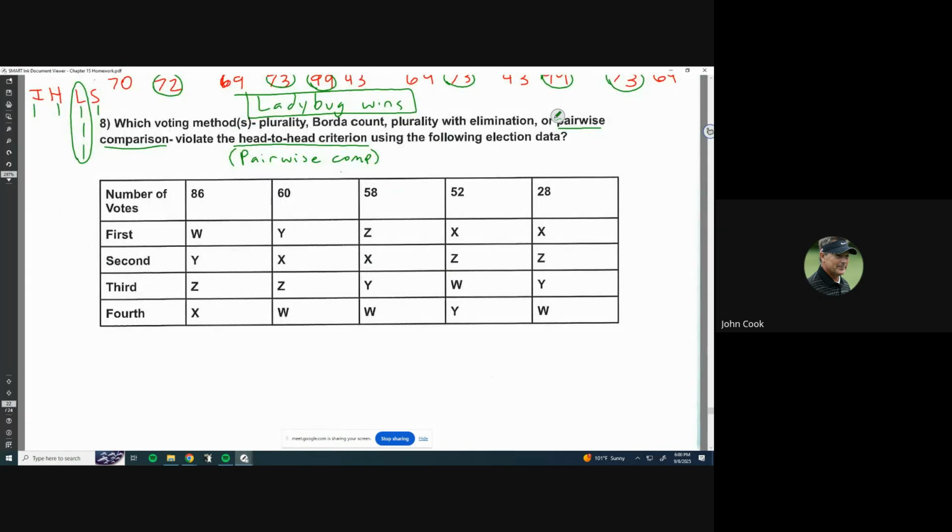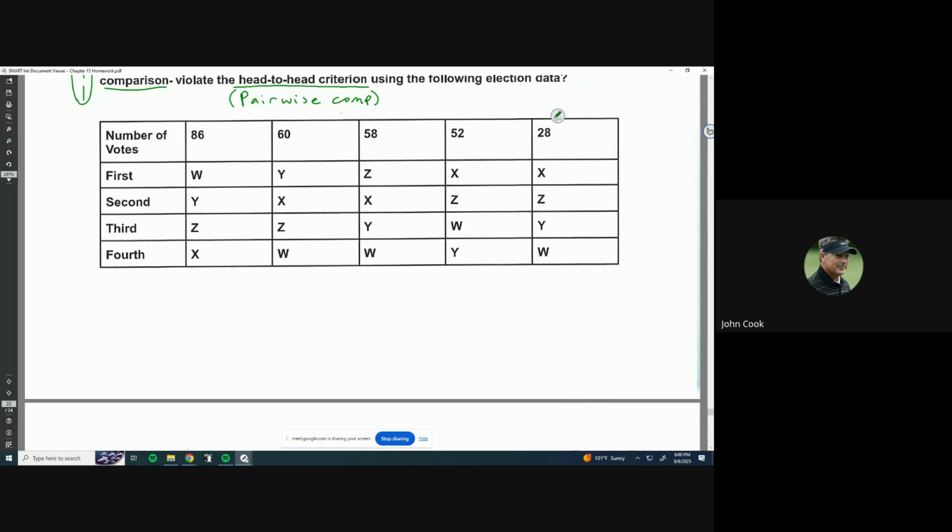It looks like we've got 4 options here, W, X, Y, and Z. So let's start with pairwise comparison, because this should give us the candidate that's supposed to be declared the winner. Let me make that look more like an X. Let's use the same method as in the previous video to figure out all the pairs.